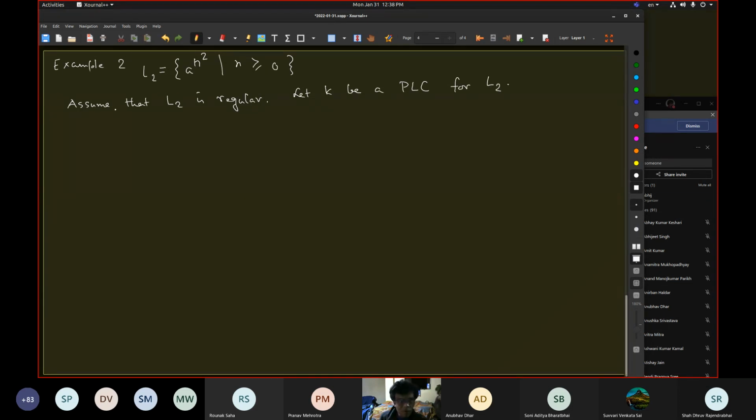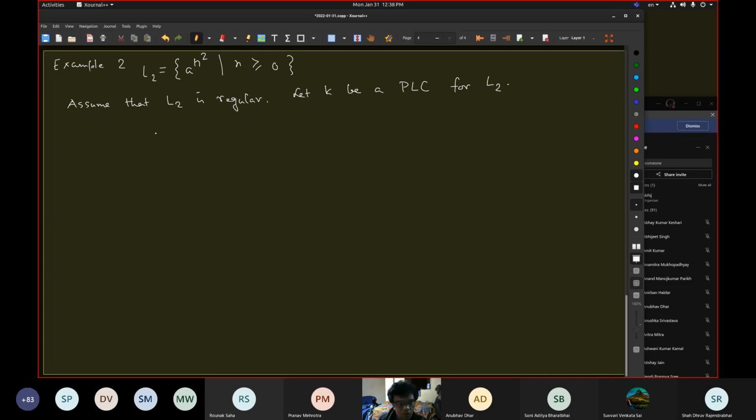So this is your first move. This is the daemon's move, but you are writing it in your own language. Let K be a pumping lemma constant for L2. Next, you should produce a string sufficiently long for giving to the daemon.